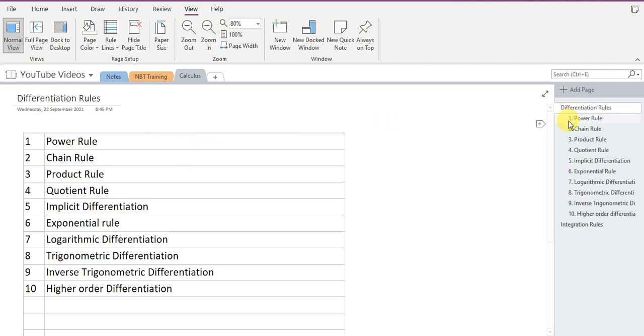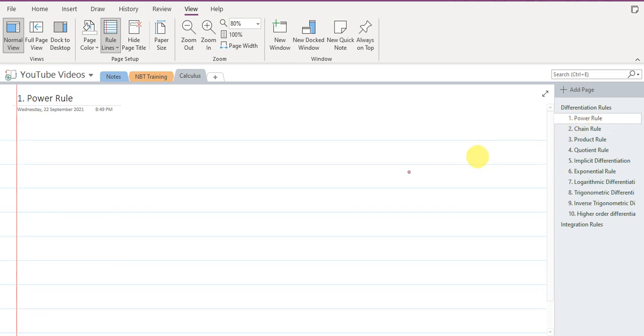Right, so let us get straight into the first type of rule, which is the power rule. These types of rules are usually done at matric level. So let us just look at the general rule.